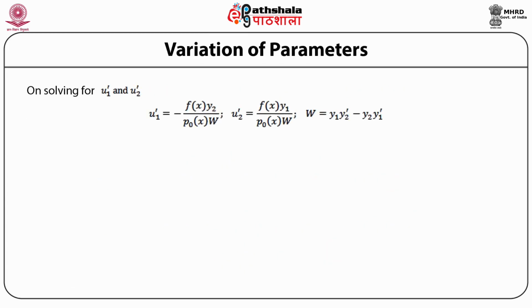On solving the equations for u1 prime and u2 prime, we obtain u1 prime equal to minus f of x times y2 divided by p0 x times W. Similarly, u2 prime will be equal to f of x times y1 divided by p0 x times W. Here, W is the Wronskian of the two solutions and is given by y1 times y2 prime minus y2 times y1 prime.